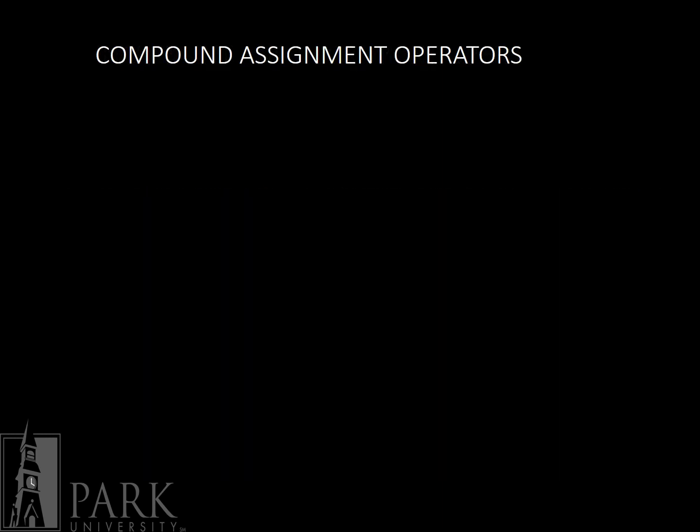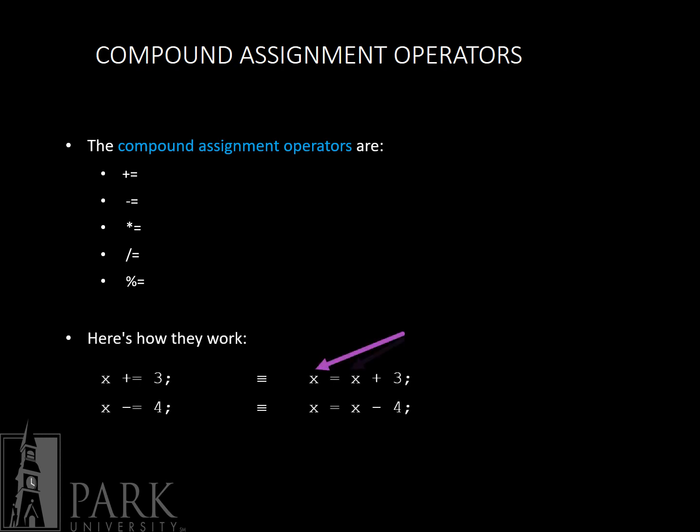In addition to increment and decrement operators, we can also use compound assignment operators to modify a variable's value. We have them for all the major mathematical operations: plus, minus, multiply, divide, and modulus. So this is how it works.